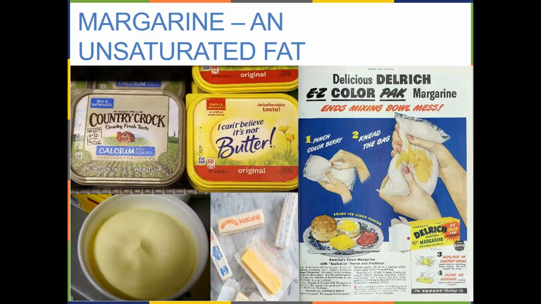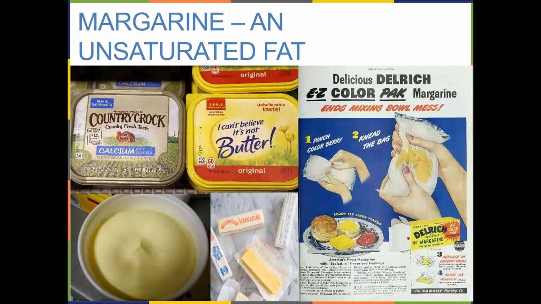The only problem with margarine is that you've hydrogenated the oils, and to get it to taste and look like butter, you have to add coloring agents, food dyes. You have to add flavoring agents and a lot of salt to get it to taste good. Margarine can taste very similar to butter. If you go head to head and compare butter to margarine, some margarines are so good you can't tell them apart. Others you can.